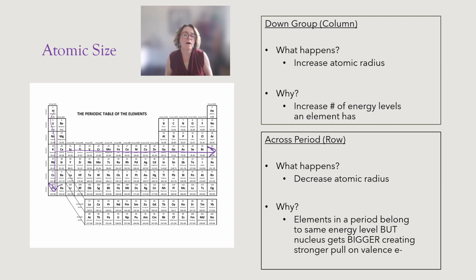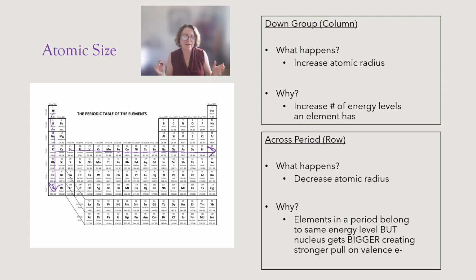The reason why is the elements in a period belong to the same energy level, but remember that that nucleus is getting bigger. So for example, potassium has 19 protons. Calcium has 20 protons. The electrons for both potassium and calcium sit in the same energy level, right? So technically the same distance away.